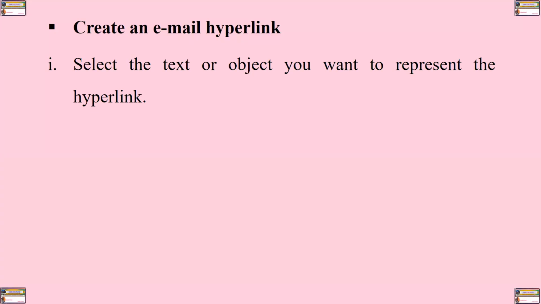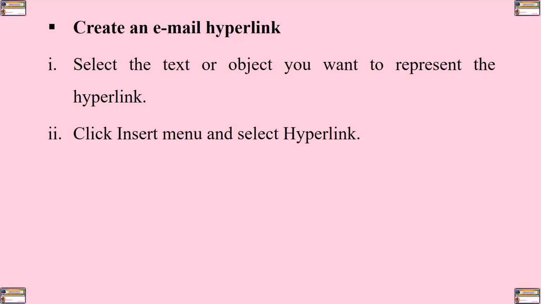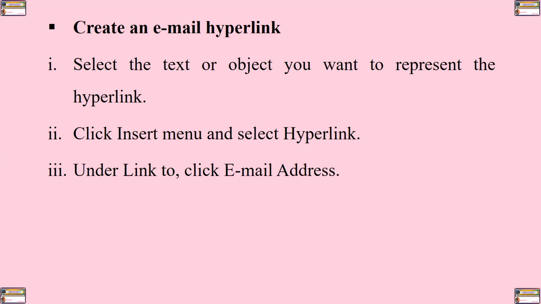So to link an object or text in your presentation to an email, you select that text or object that you want to represent a hyperlink, and then click Insert menu and select Hyperlink. Under Link to, you click Email Address.